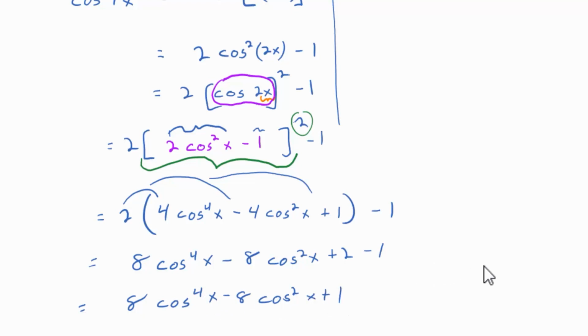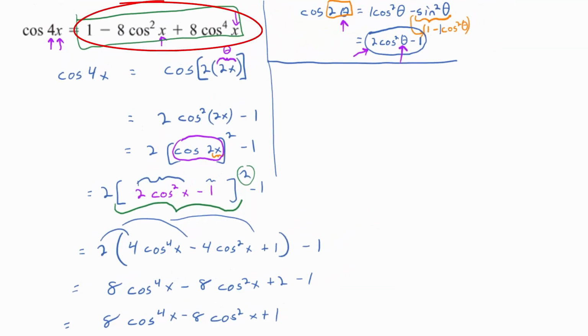Everybody see that? Now we better check, right? I don't remember. Does that equal the right side? Well, okay, yeah, it's written differently, but it's the same thing, right? They're writing it in the order 1 minus 8 cosine squared x plus 8 cosine to the 4th x. That's fine. I wouldn't even reorder it.